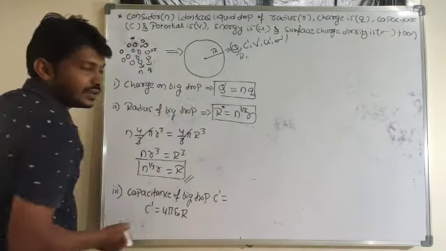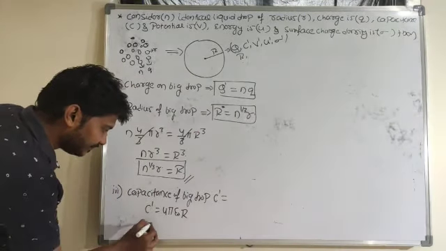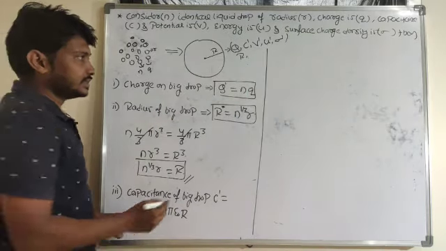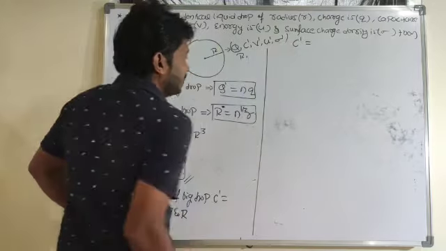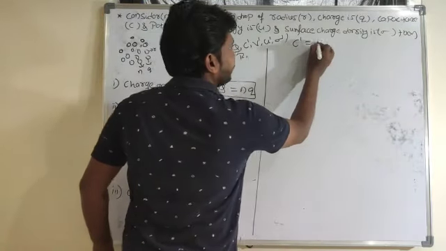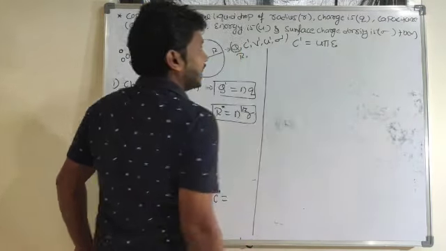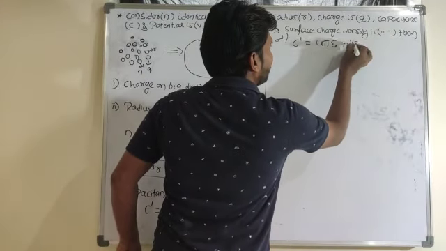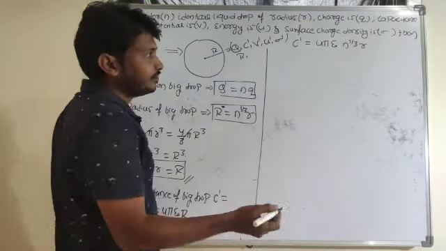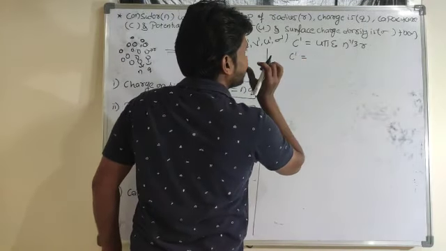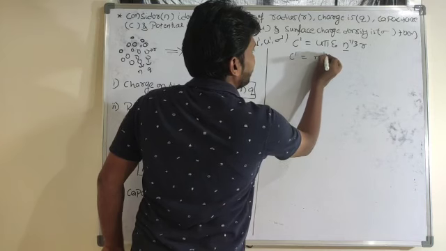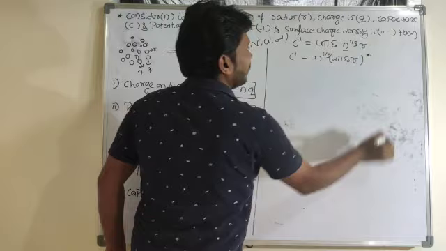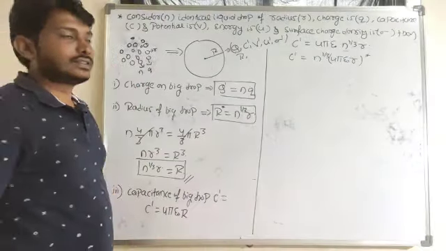What's the value of r here? So C dash is equal to 4 pi epsilon naught, where r is nothing but capital R, equal to n to the power of 1 by 3 into small r. So I shall rearrange: n to the power of 1 by 3 into 4 pi epsilon naught into r. 4 pi epsilon naught into r means the capacitance of the small drop.